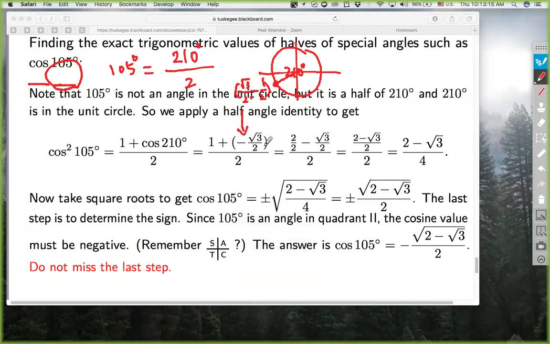So this is a fraction. So write down 1 in fraction form, which is 2 over 2. And write this in one fraction with this common denominator 2. We have 2 minus square root of 3 all over 2. And then over 2 again. So write down 2 in the fraction form.